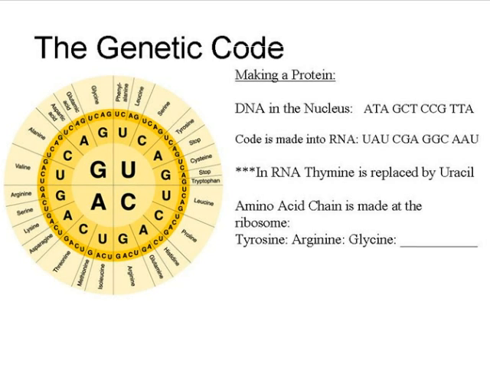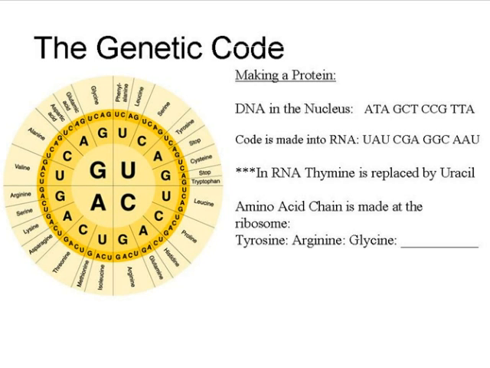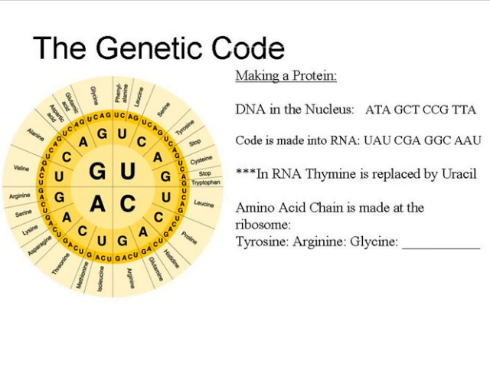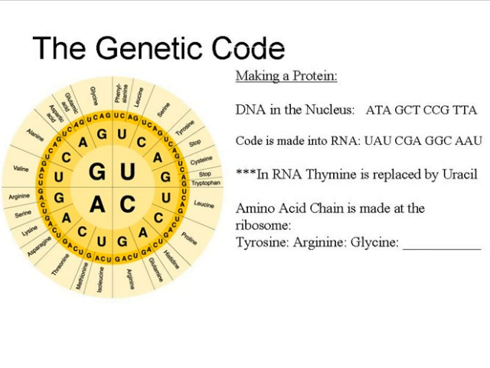Each one of the codons, or sequences of 3 RNA bases, represents one amino acid. The first 3 codons have been done for you. The codon UAU codes for the amino acid tyrosine.